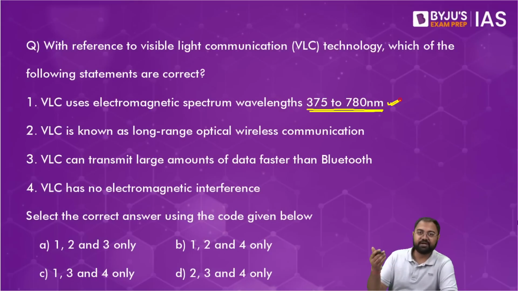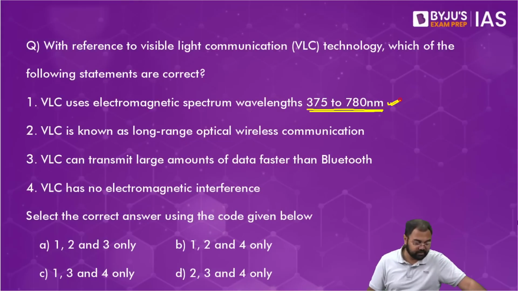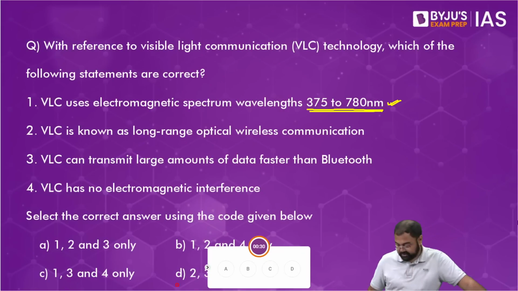Some might say 400, some might say 370, some might say 380, and so on. So these kind of differences come in. So don't worry about those differences. Please mark your answers.